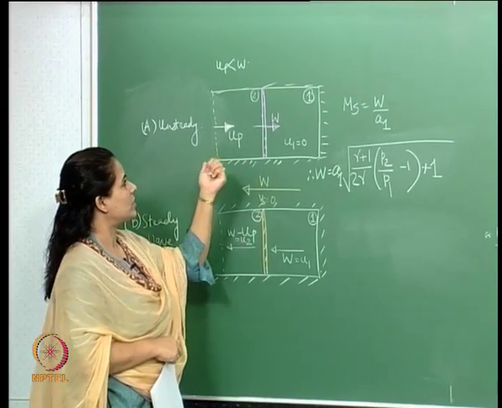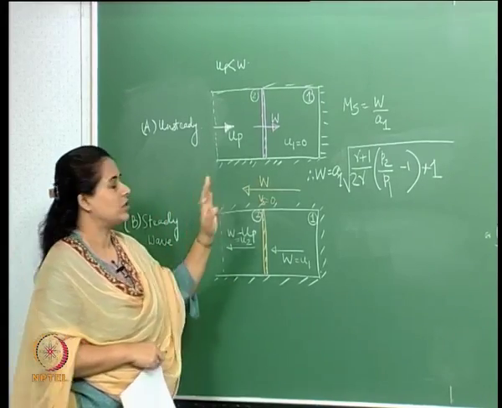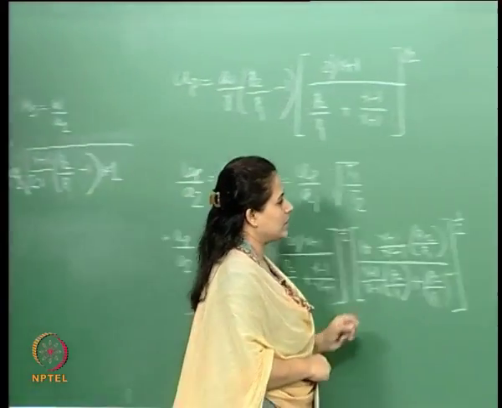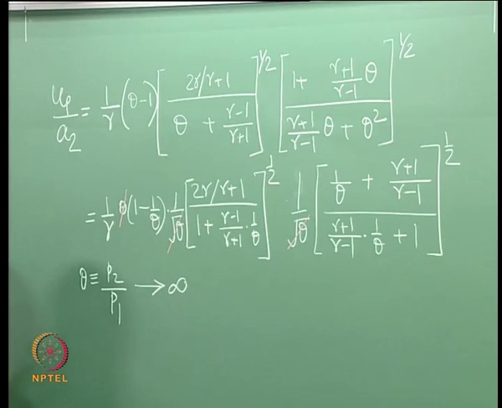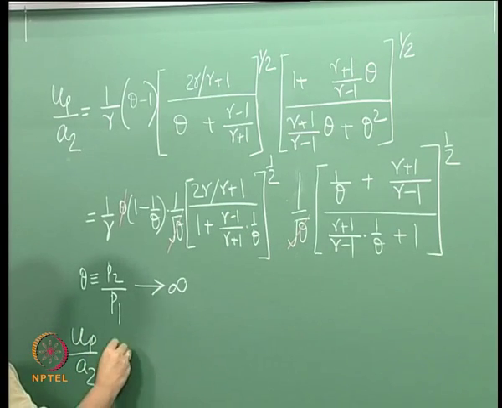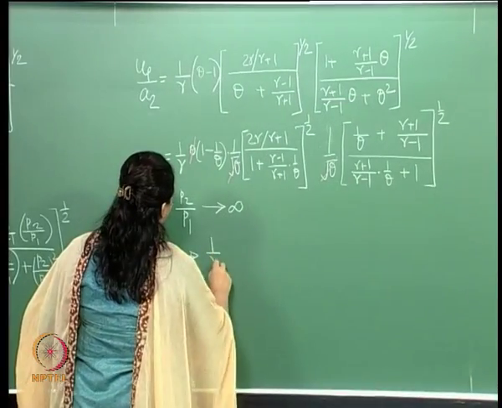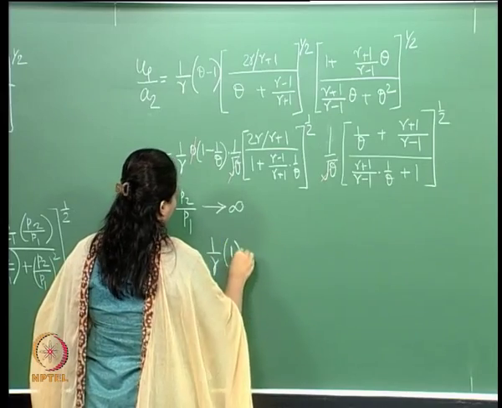Let's take an infinitely large pressure ratio between these two, which means that mathematically, this is tending to infinity. If that is so, then what happens to this? That tends to what? What we get there is this becomes 1.